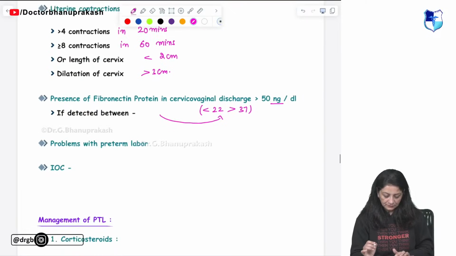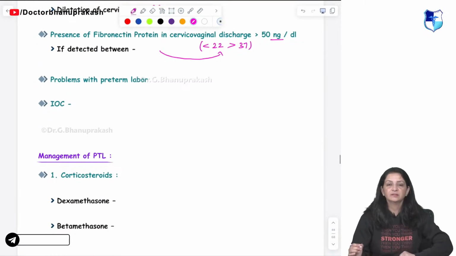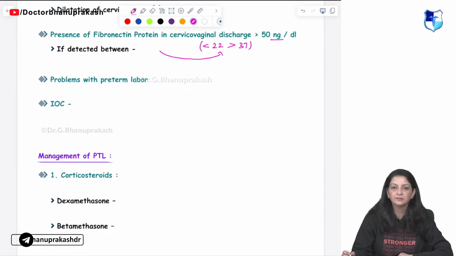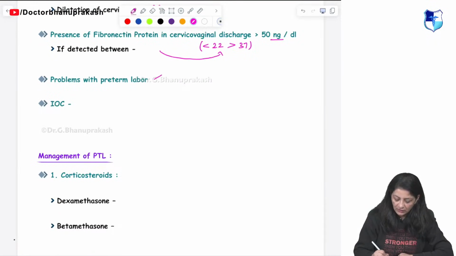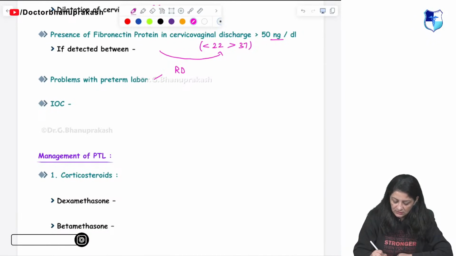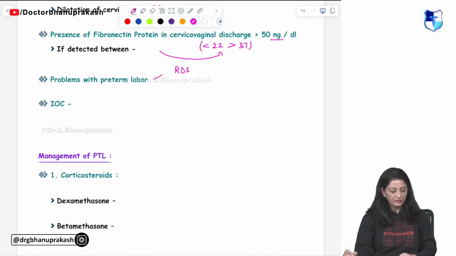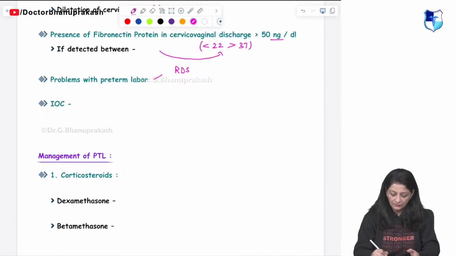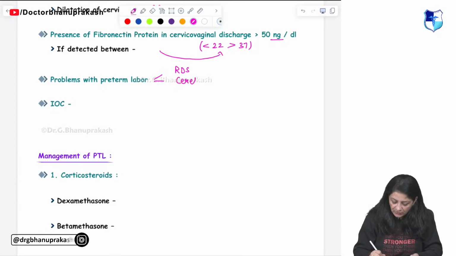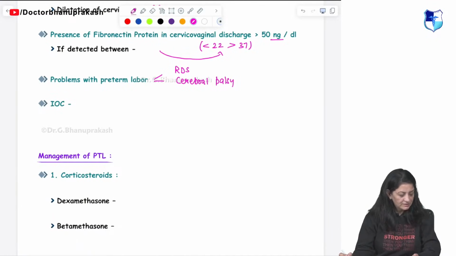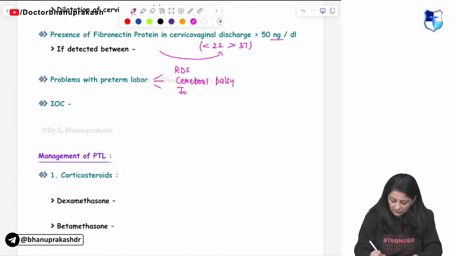Okay, now what are the problems with preterm labor? First of all, lung will not mature. It will cause respiratory distress syndrome. Brain will not mature. It will cause cerebral palsy. Chances of infections.